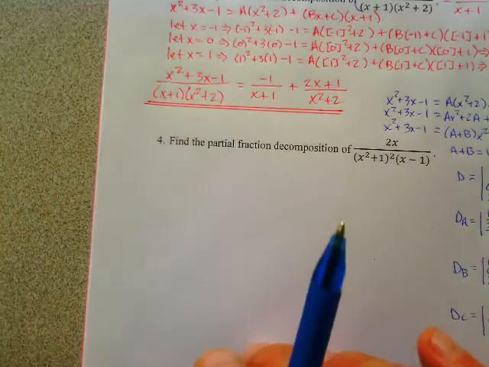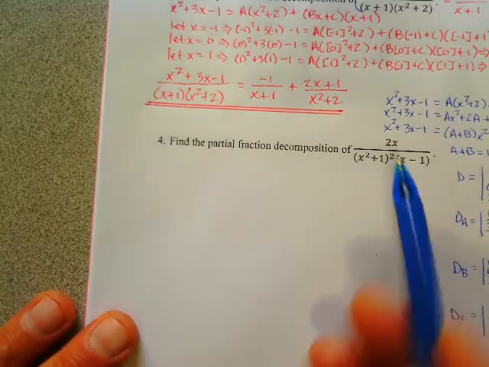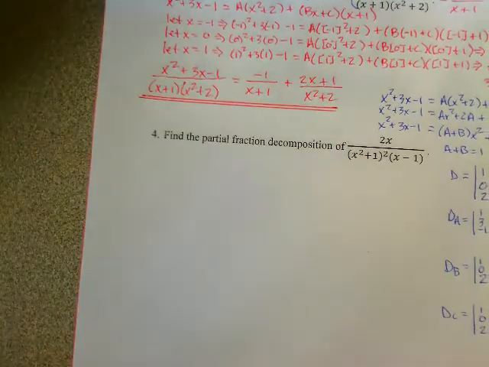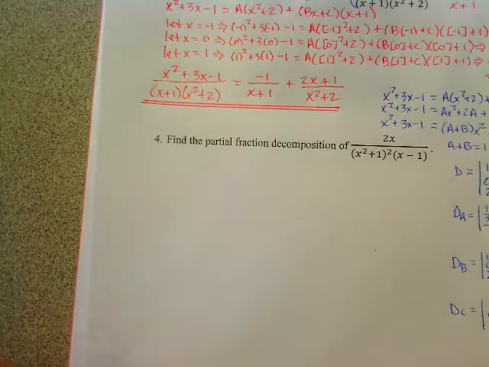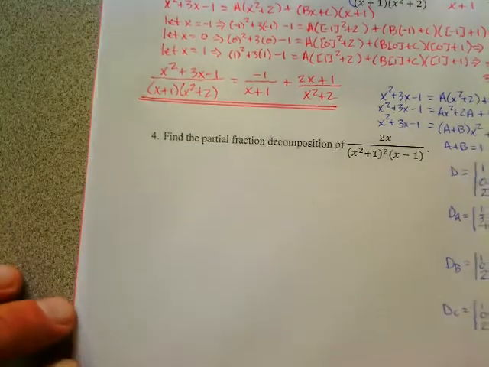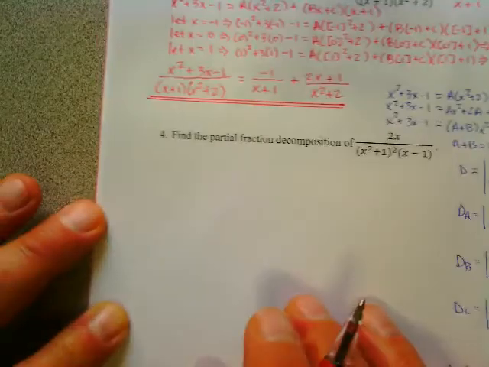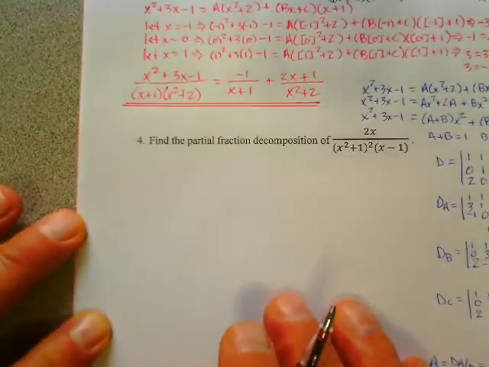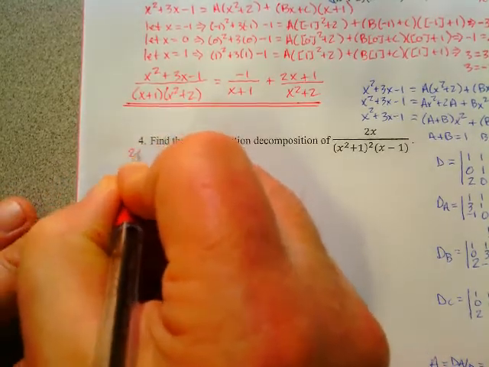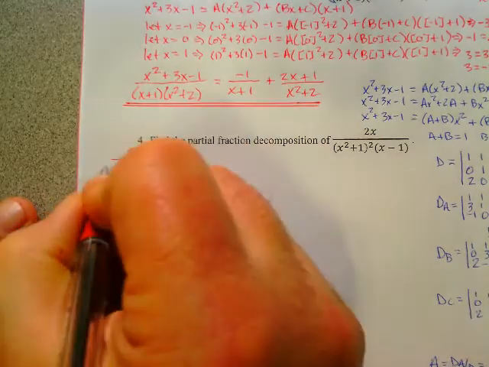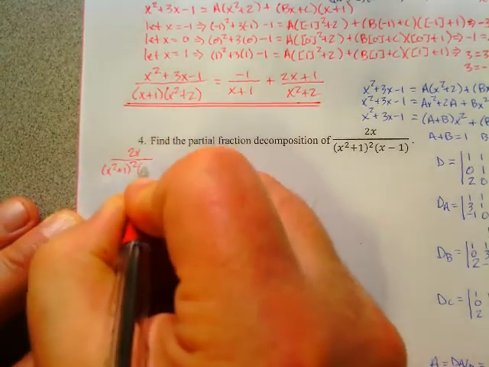Alright, last one. This time we have the quadratic more than once. So, this one will be, let's go ahead and do it over here. So we have plenty of room. We got 2x over x squared plus 1 squared and x minus 1.